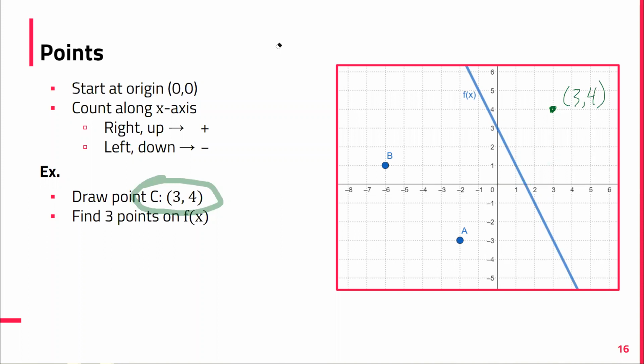Please tell me 3 different points that are on the line f of x here. 1, 1. 0, 3. Minus 1, 5. Okay. 3, negative 3.